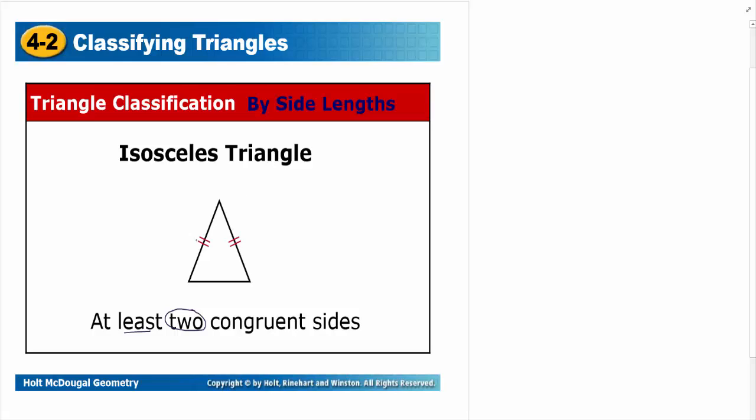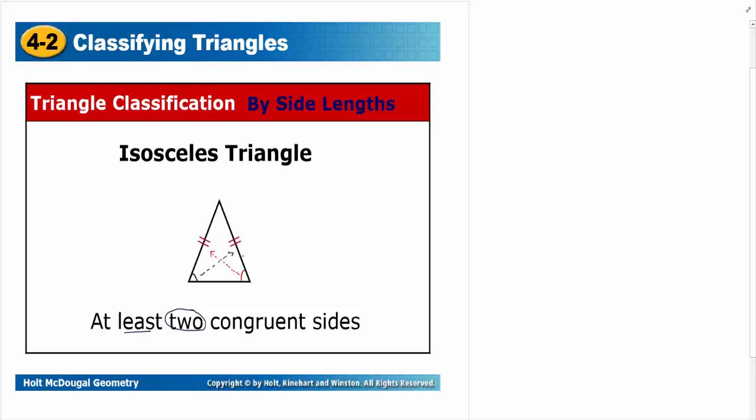Now here's the other little trick you want to know. See these 2 sides? The angle that forms those sides, which I have right here, is going to be congruent to this angle right here that forms the other congruent side. So these 2 angles are also congruent. They're called base angles.